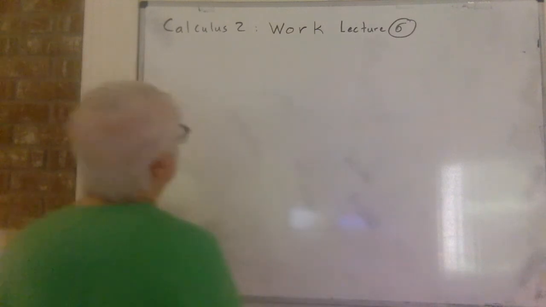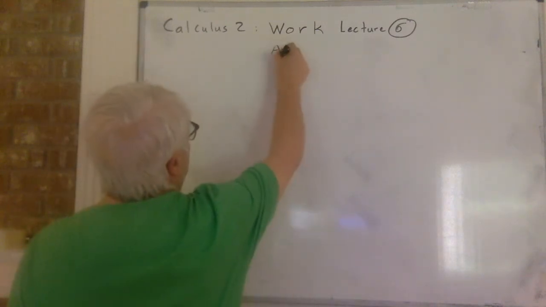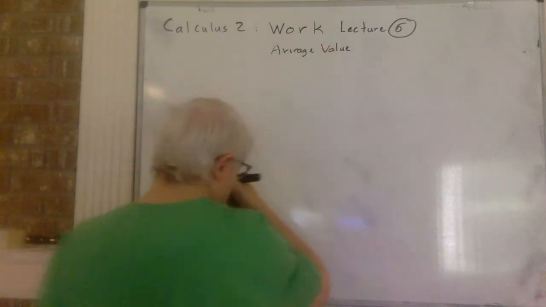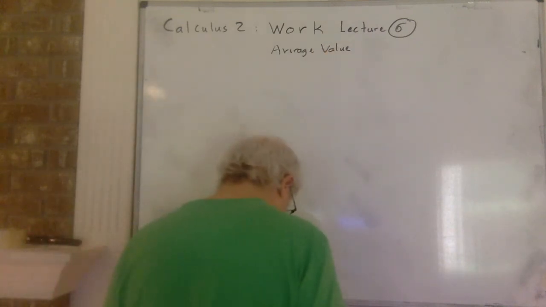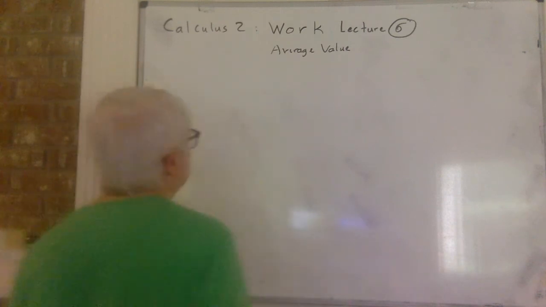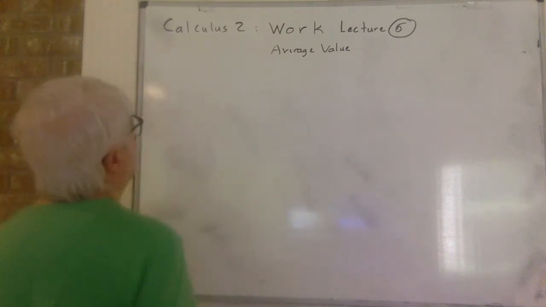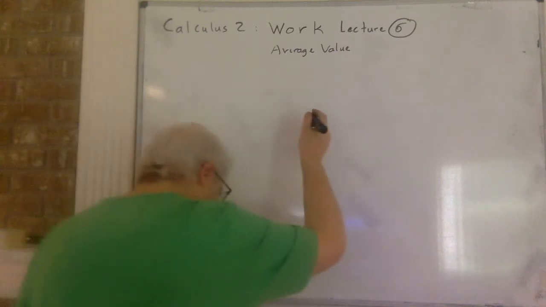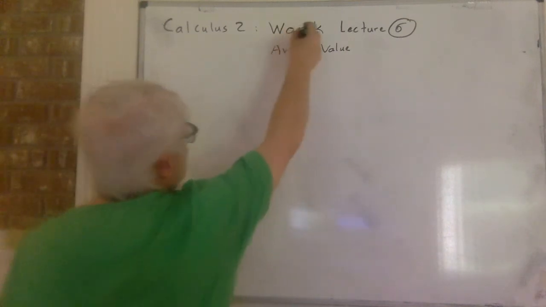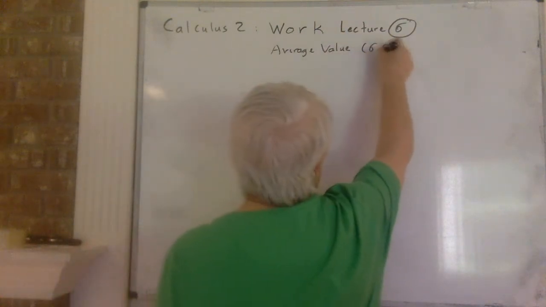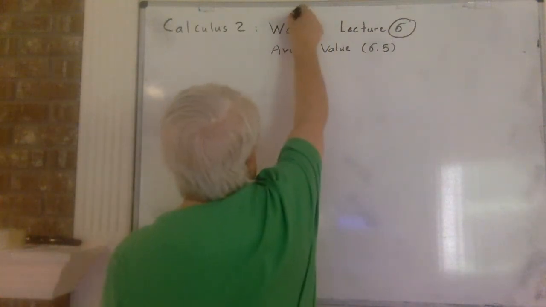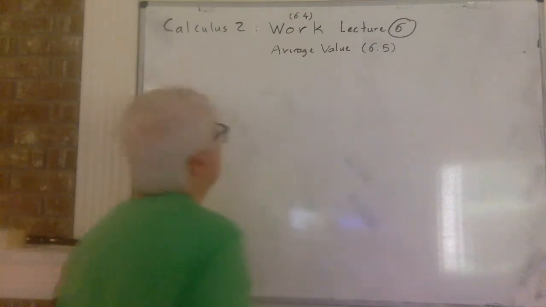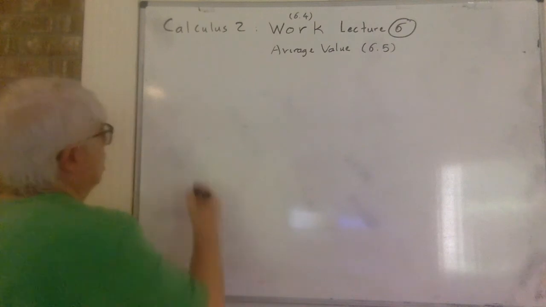So average value is simple. That's average value of a function, in fact section 6.5. So that was 6.5 and that was 6.4. Yes. So average value is very simple.